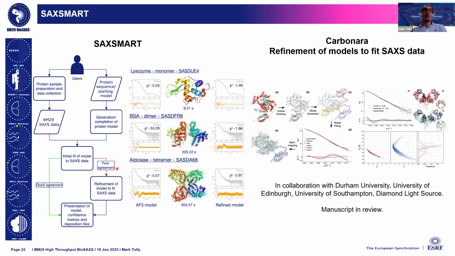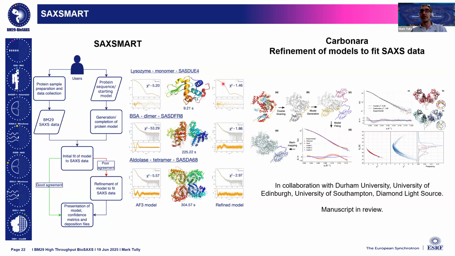But if it's in poor agreement, then we'll run it through some refinement programs to refit the data, and you can see that done here. So this is lysozyme, a standard protein, but the AlphaFold model directly just gives us a chi-squared of about 5.